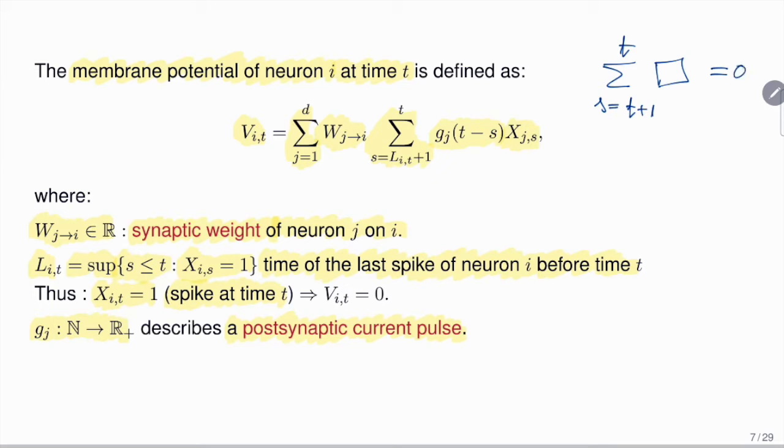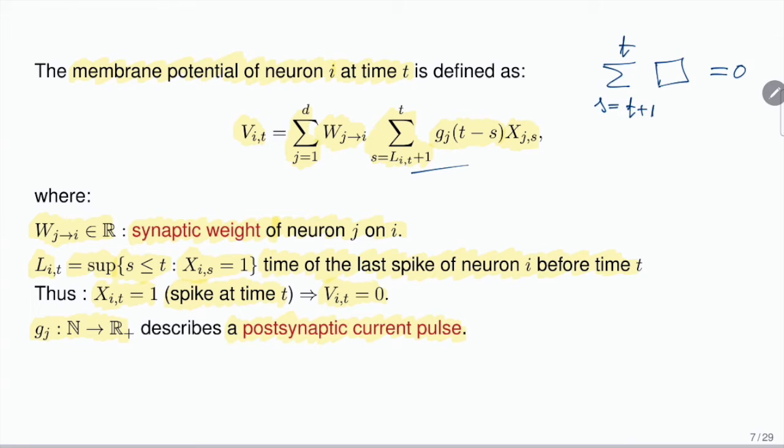And then, since the second sum is 0 for each neuron j, we have that V_i(t) is equal to 0 in this case.